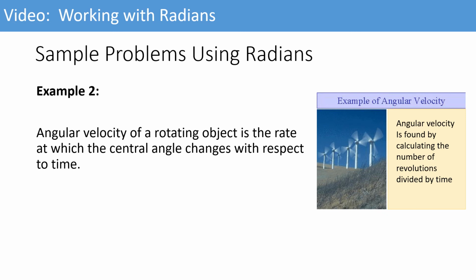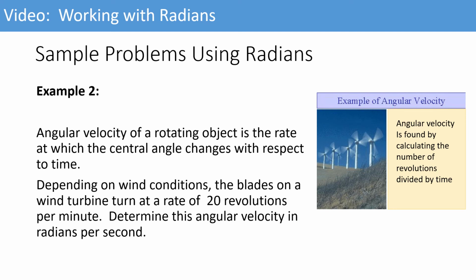You can find angular velocity by calculating the number of revolutions divided by time. Depending on the wind conditions, the blades on a wind turbine turn at a rate of 20 revolutions per minute. Determine this angular velocity in radians per second.